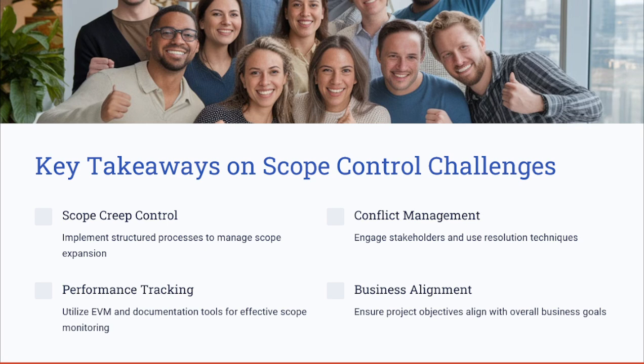To summarize our session on scope control challenges and how to overcome them as a project manager, we talked about scope creep, which is the most common challenge, and how to control it with a structured process. We also talked about conflict resolution and stakeholder engagement to prevent disputes over scope changes.